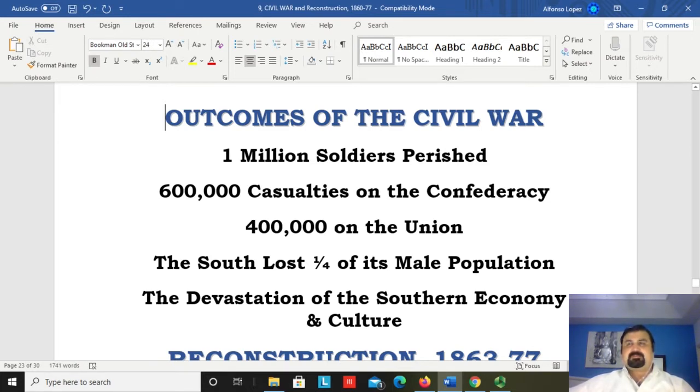Again, in single battles, for example, like the Battle of Gettysburg in the Civil War, there were about 80,000 soldiers that died. That's the amount of U.S. soldiers that died in the entire Vietnam War, that spanned about 10 years.